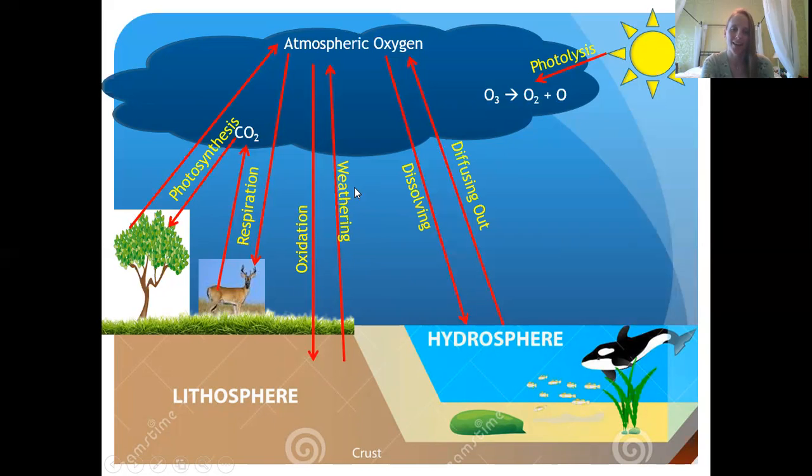The next pair of terms is oxidation and weathering. Atmospheric oxygen binding to the lithosphere is our oxidation, and then as that lithosphere is worn away, that oxygen is released back out into the atmosphere in the form of weathering, and then oxygen from the atmosphere dissolves into the hydrosphere and then diffuses back out to the atmosphere again.